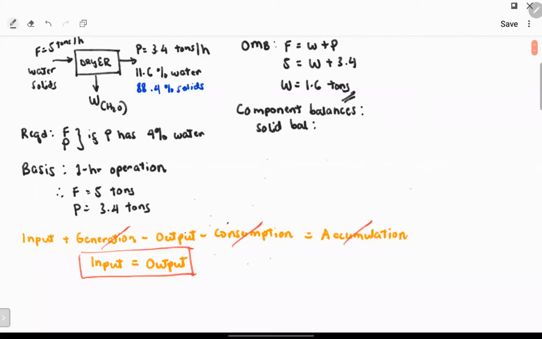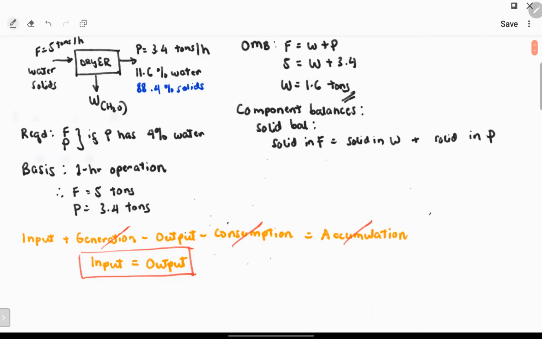Solid balance. Okay, so for the solids, we can say that the solids in our feed is equal to the solid in W plus solid in the product. You just have to take a look at our process flow diagram.